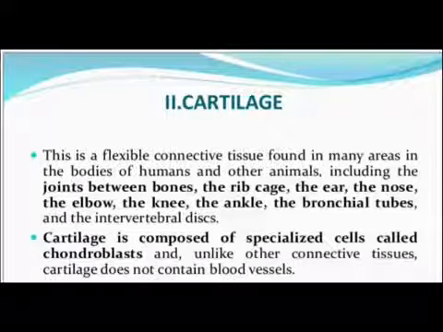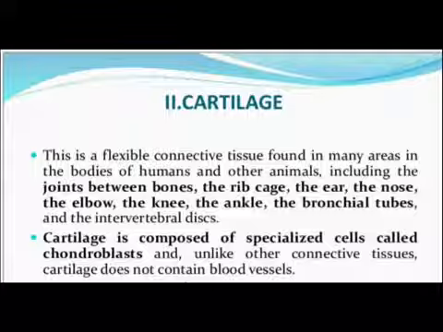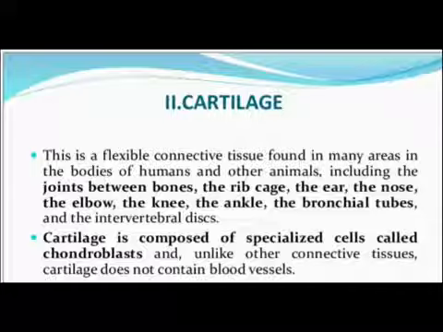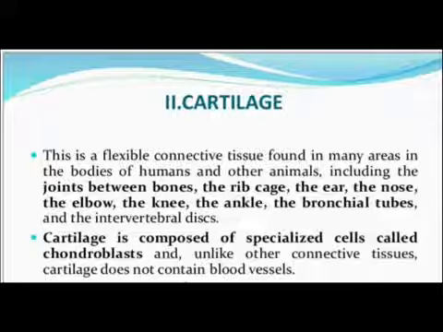Just now what I taught about the cartilage, students, the same picture I am going to stick here so that it helps you to make your notes. Cartilage is a flexible connective tissue. We find it in different parts of our body, including joints between bones, rib cage, ear, nose, elbow, knee, ankle, bronchial tubes, and in between the vertebral discs.